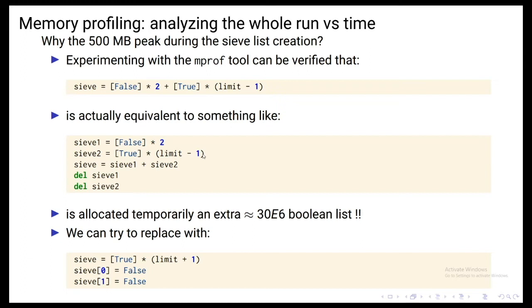And so here we allocated a list of 30 million elements, so 228 megabytes. In this step, we allocate a new list, the one that we'll keep using afterwards, as a concatenation of the other 2. But at this moment, we have 2 lists of 30 million elements allocated in memory.